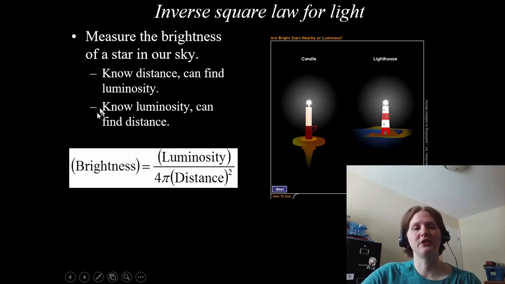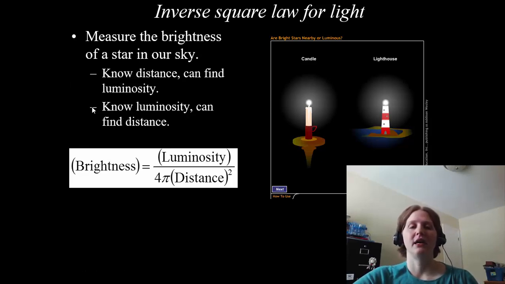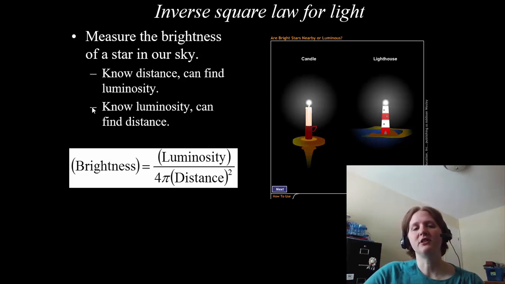In a different situation, you might be able to measure the brightness, and maybe you know the luminosity of that object, the wattage of it. Then you can use it to find a distance. And this last case is actually really important for us. We often use this trick to calculate the distance to something, or at least to estimate the distance to an object.